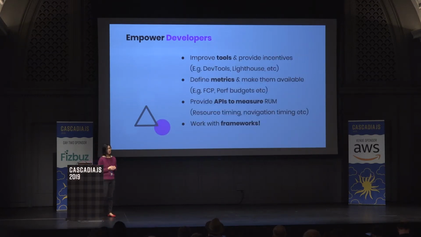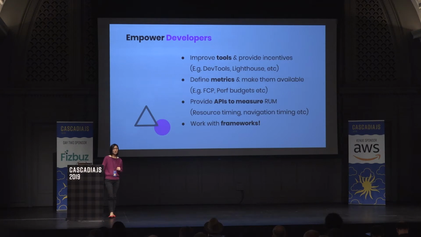So we need help, or a collaboration, from developers. So we are also spending a lot to empower and help developers, to give them appropriate and helpful information and incentives. For example, we put millions of efforts into improving DevTools and Lighthouse.